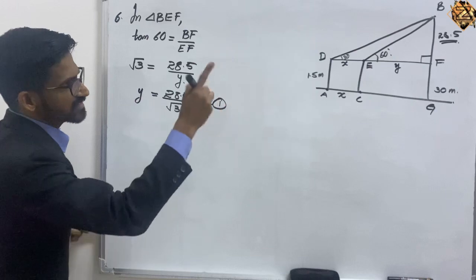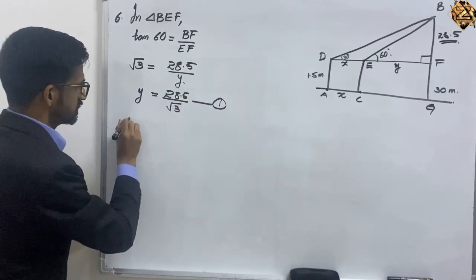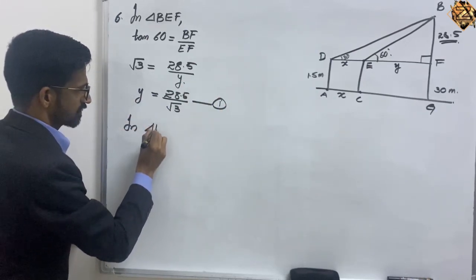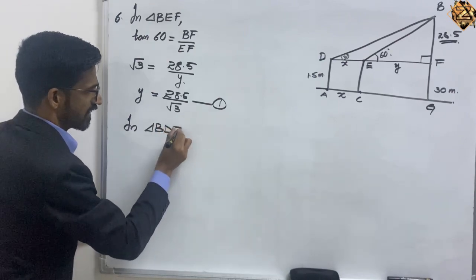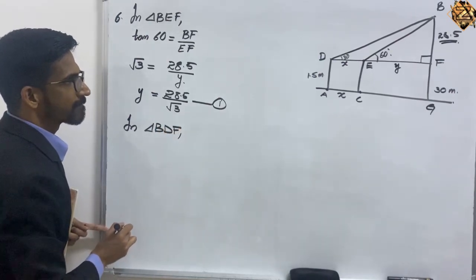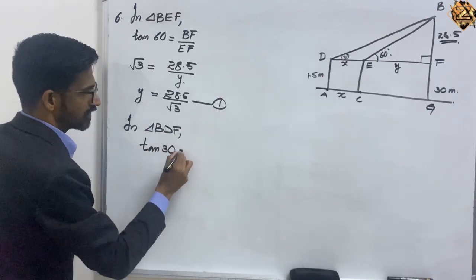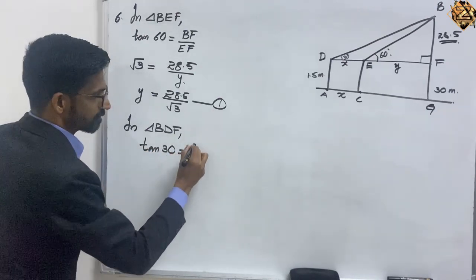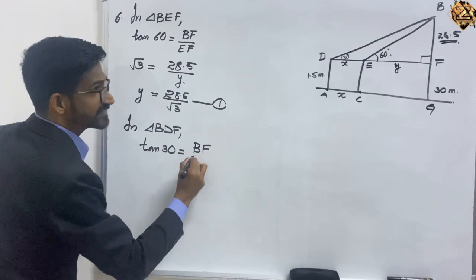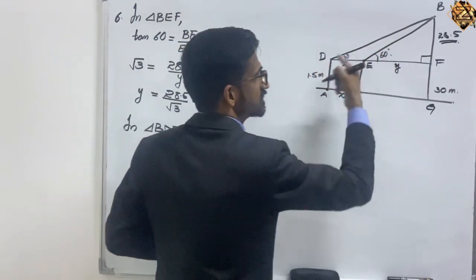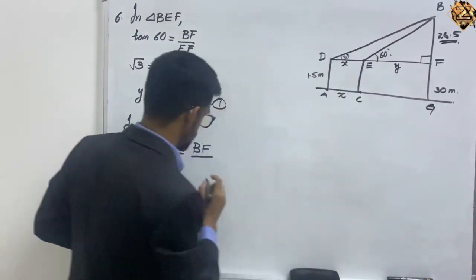Now when we look at the second triangle, that is BDF, in triangle BDF, tan 30 equal to opposite, that is BF, by adjacent. In this triangle, the adjacent side is DF, isn't it?